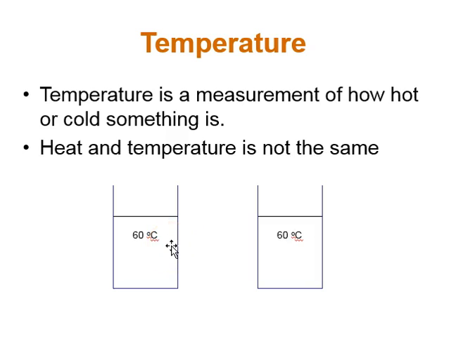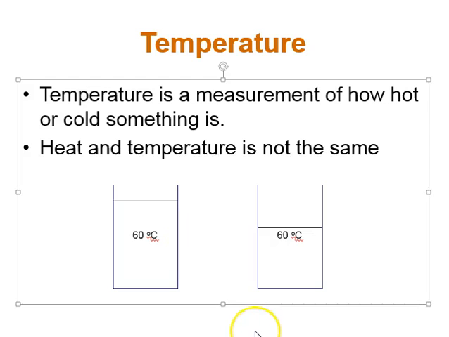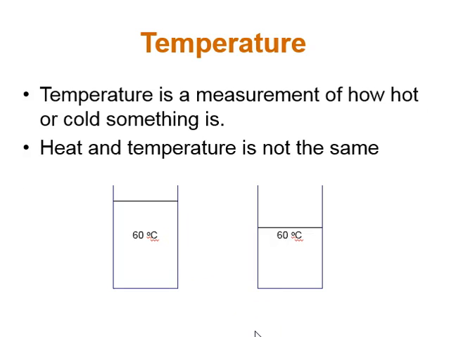Now, if both of these containers have the same temperature, and the amount of water is the same, then they have the same amount of heat. What happens if we have this setup now? We have two similar containers, both filled with water at 60 degrees Celsius.